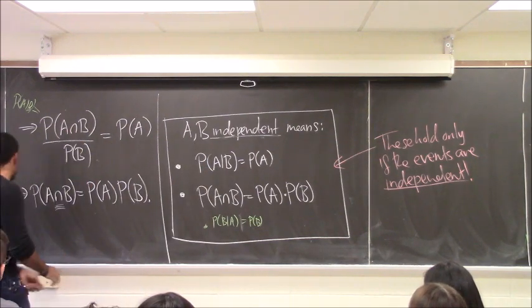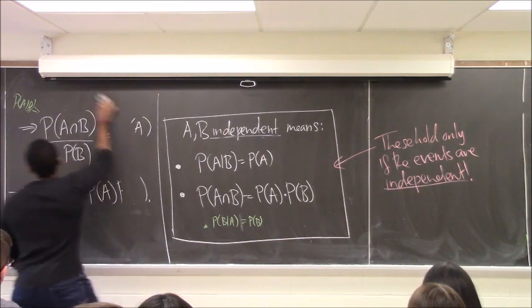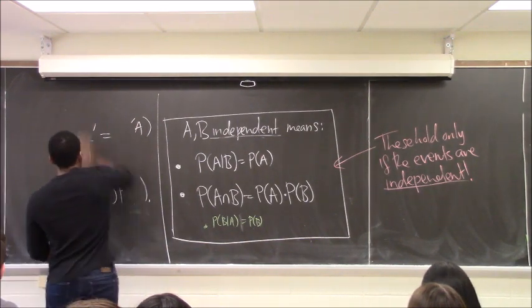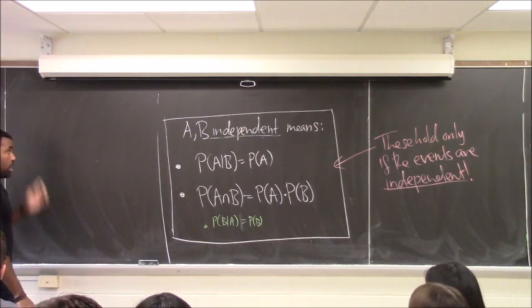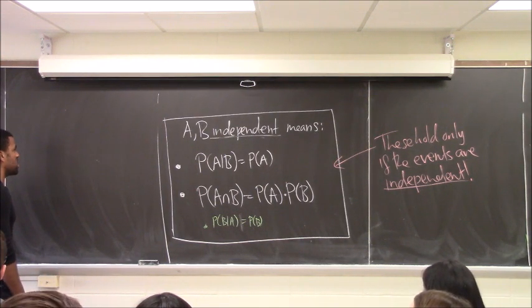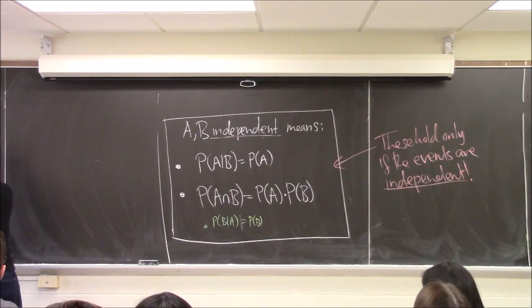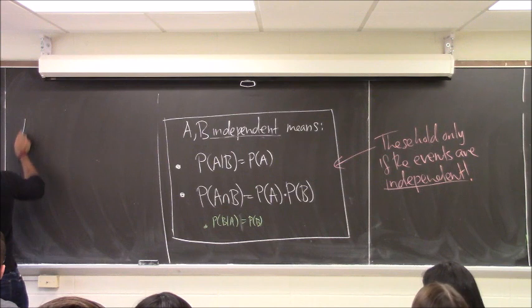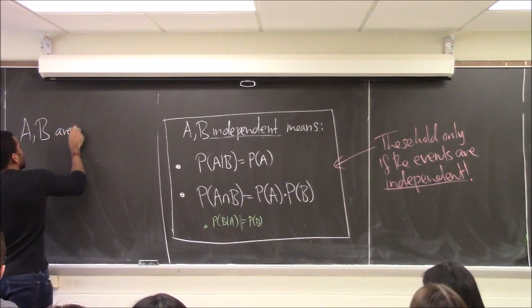There's one that I mentioned before that I think bears repeating. And sometimes these two are mixed up, but they're actually very different things. We also have A, B disjoint.